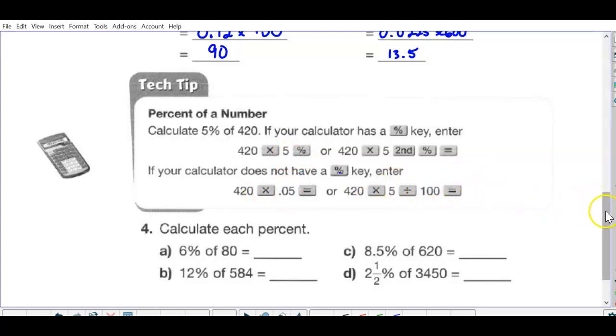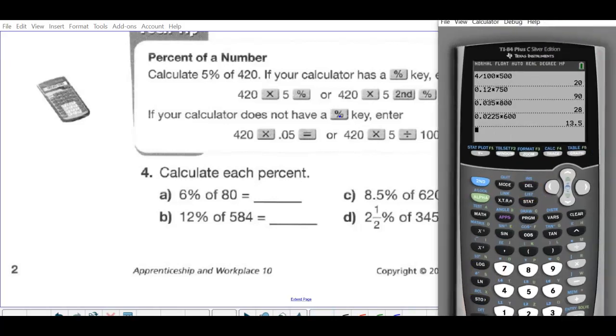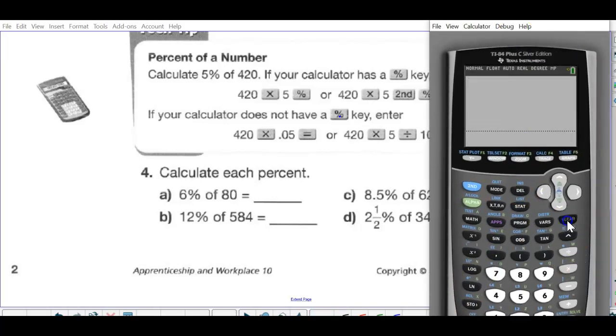Okay, so next one's here, 6% of 80. So in your calculator, 6%, I'm just going to clear it, is 0.06 times 80. Okay, 4.8.